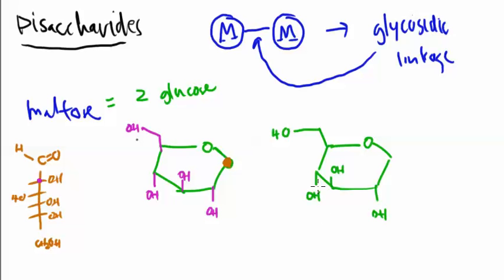Now these 2 glucose units have to hook up together. These 2 glucose units have to be basically paired up with some type of glycosidic linkage. Now this anomeric carbon has an OH on it. And that OH group is very important because we said that this is what determines alpha and betas, right? Alpha glucose and beta glucose. This is where that anomeric carbon comes into play.